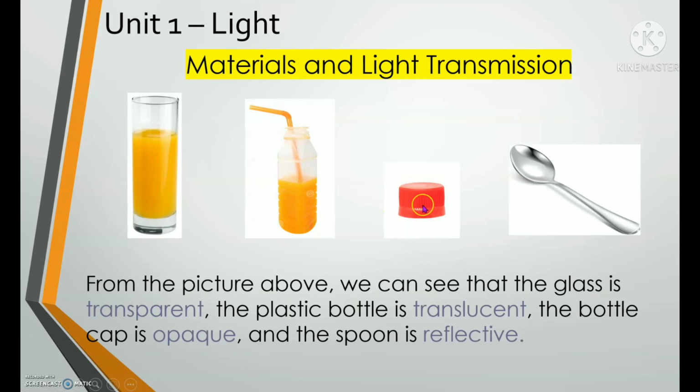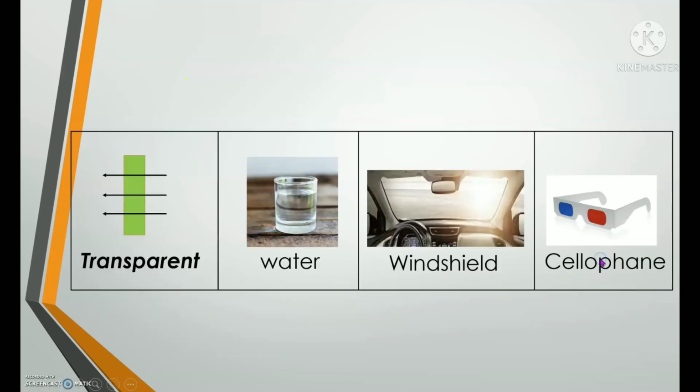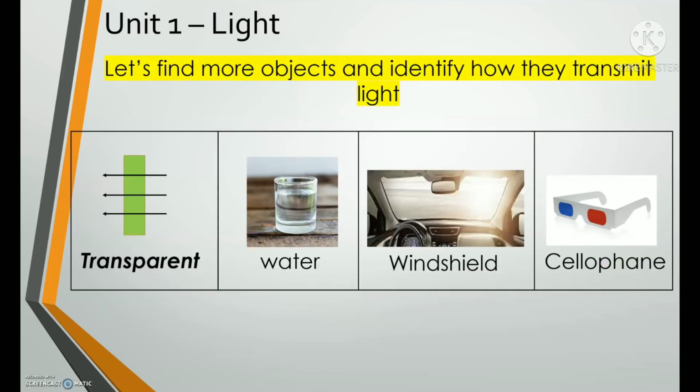And this bottle cup right here is an opaque material because the light does not transmit and also does not bounce. And this spoon is a reflective material because the light falling on the spoon is bouncing or reflecting. Now let's look at more examples.